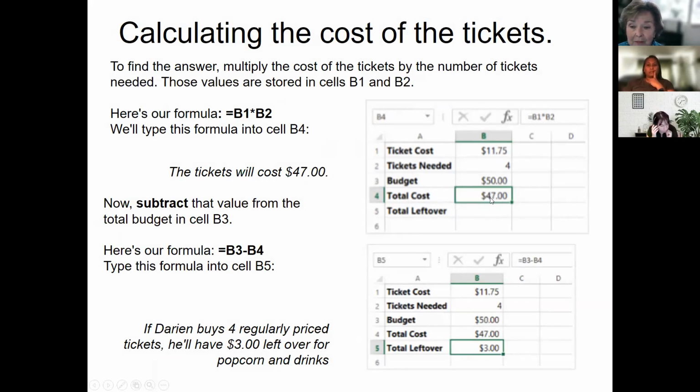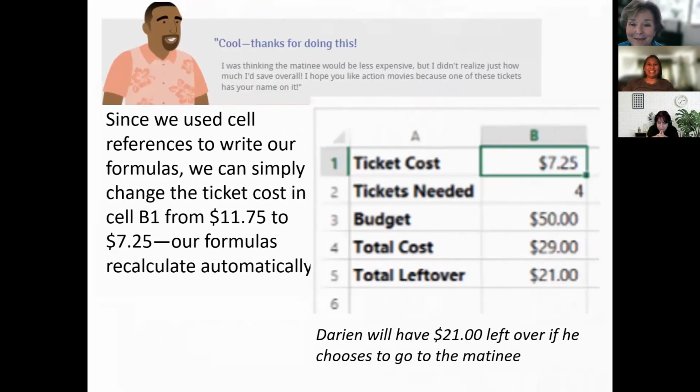So what have you got left over? Then you take B4 and subtract it from your budget, and you have $3 left over. That's not going to buy many popcorns or drinks in my theater, but that's how it works.